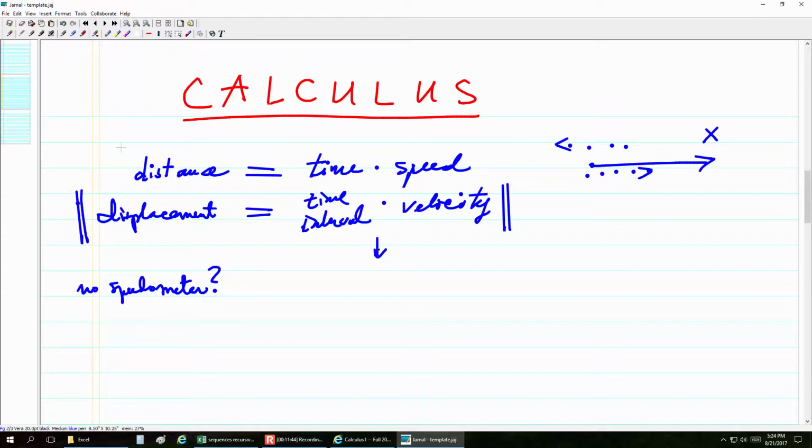If you travel 1 mile in a minute, that's absolutely right. So what you get is described by this formula. Using this formula, we move stuff around and express velocity in terms of displacement and time interval.